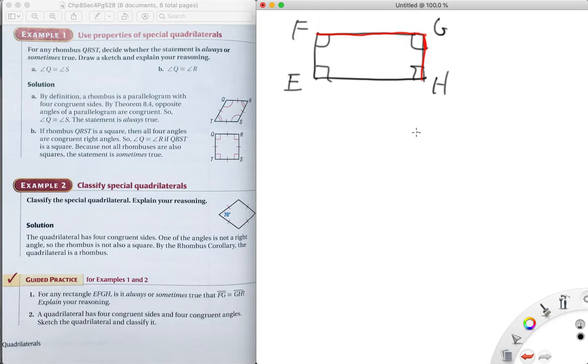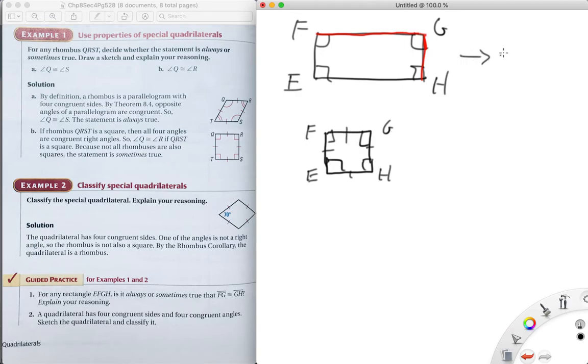But there is a case where it does happen, and it only happens when EFGH is a square. Remember, a square is a rectangle. It's just a special type of rectangle where all the sides are the same. So if it's a square, then yeah, absolutely.